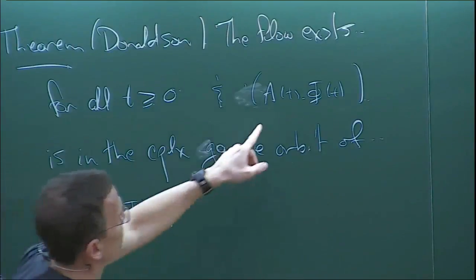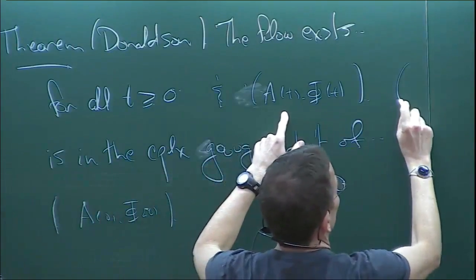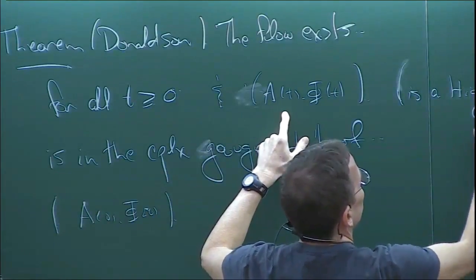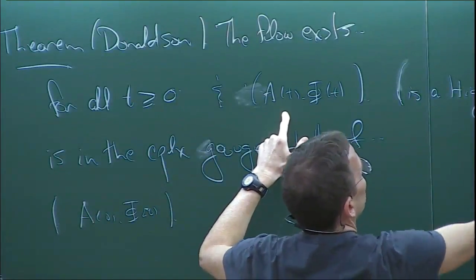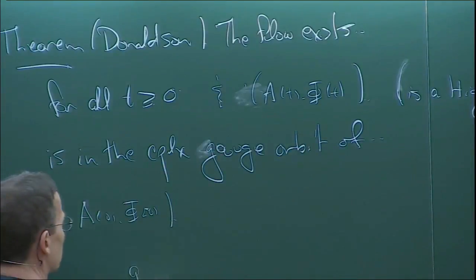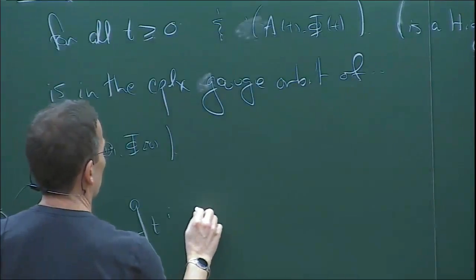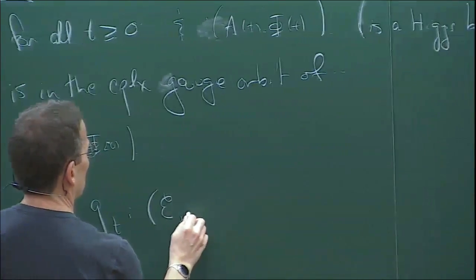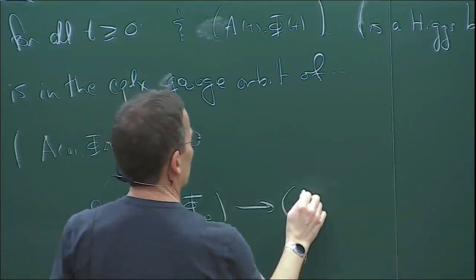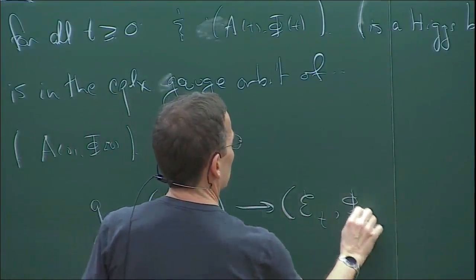In particular, these are Higgs bundles themselves. This is a Higgs bundle. And in fact, it's isomorphic to this one. So there's an isomorphism g_t, which takes me from the original Higgs bundle (E, phi_0) to (E_t, phi_t).